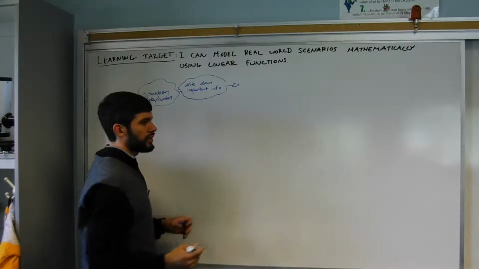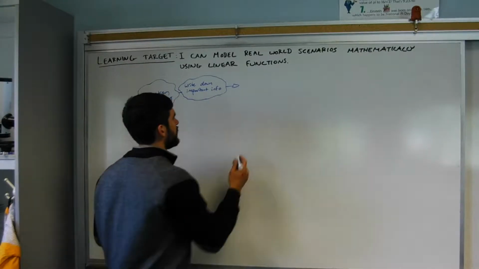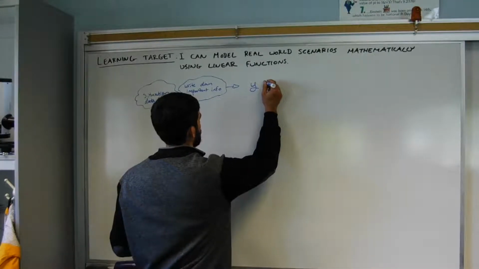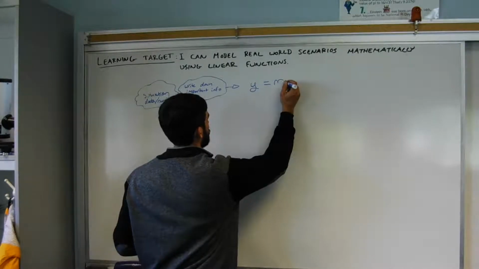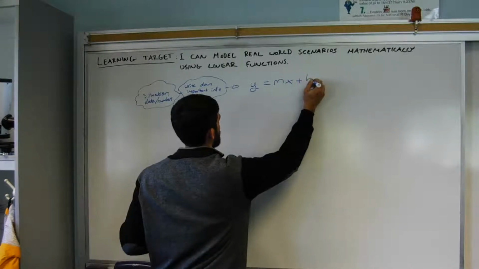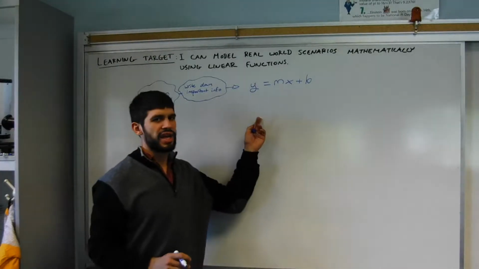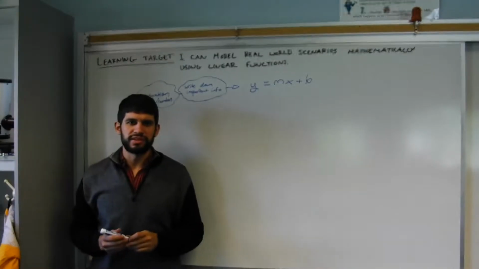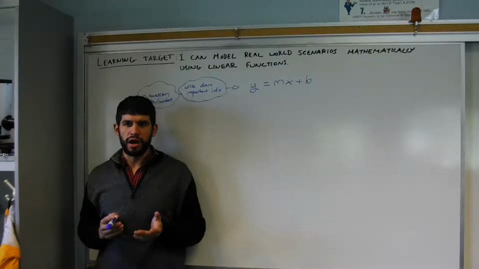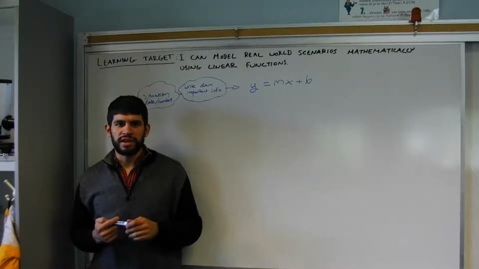Then I really like to find a way to put it into slope-intercept form, so y equals mx plus b form. And I find once I can get the problem modeled in this form, it's pretty straightforward to either solve the problem or graph it.